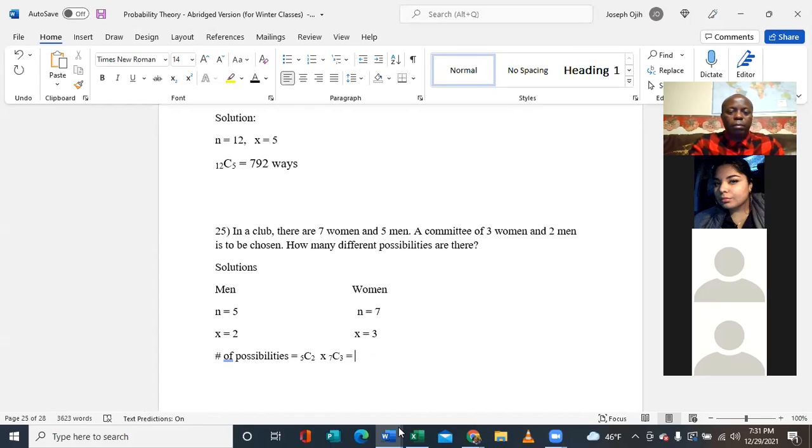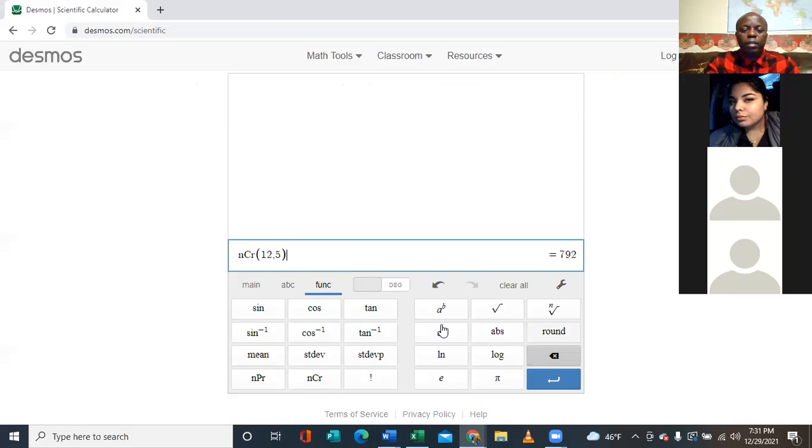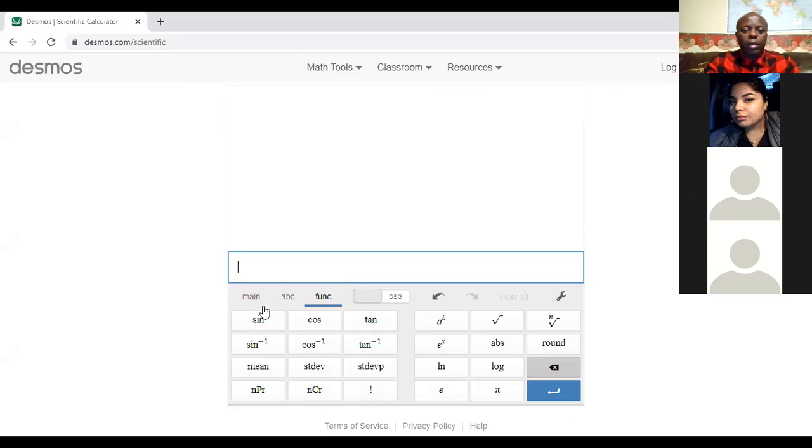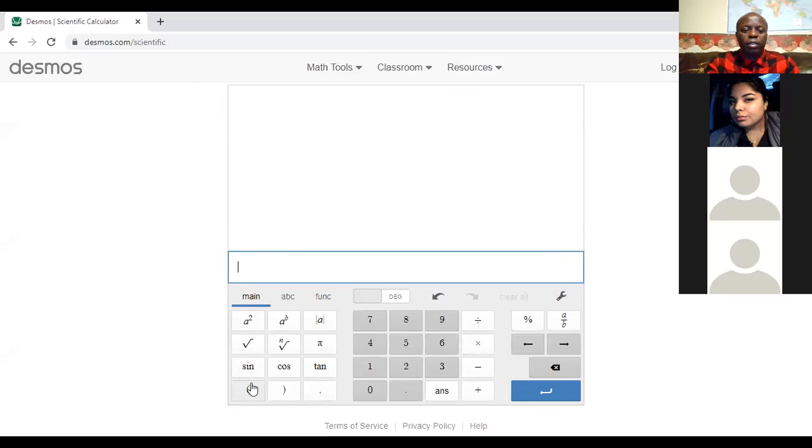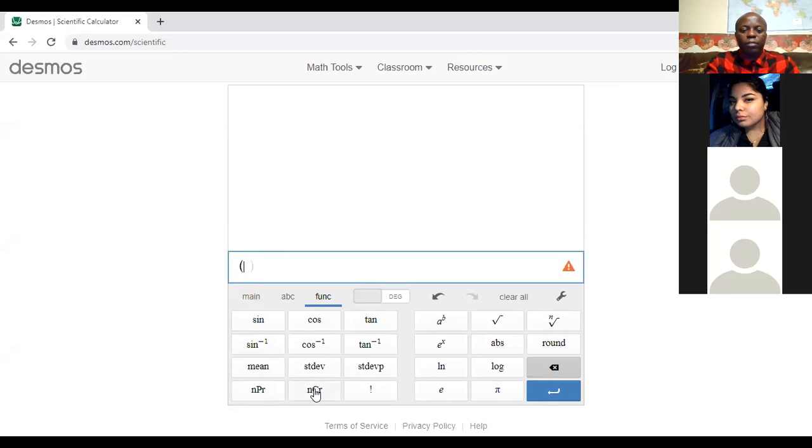We go to our calculator. Clear this. First of all, we use parentheses to differentiate. For men, we have 5 C 2, 5,2.